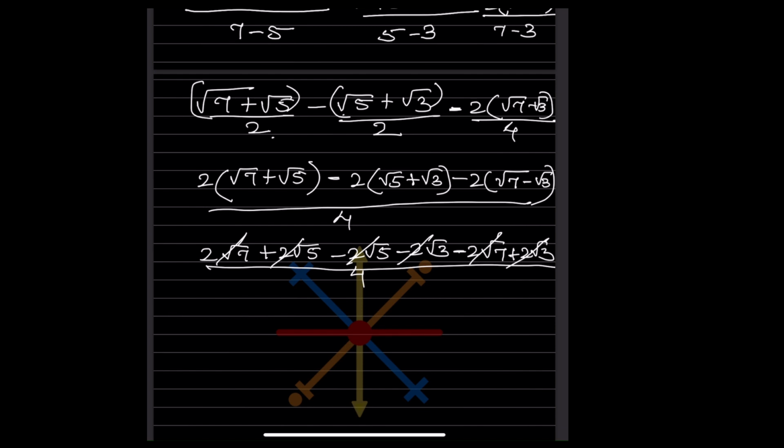So what we can write here, 0 divided by 4. So the answer is going to be 0. So hope this is clear. You have to be very careful while doing such types of problems. So by this one we have completed today's work.